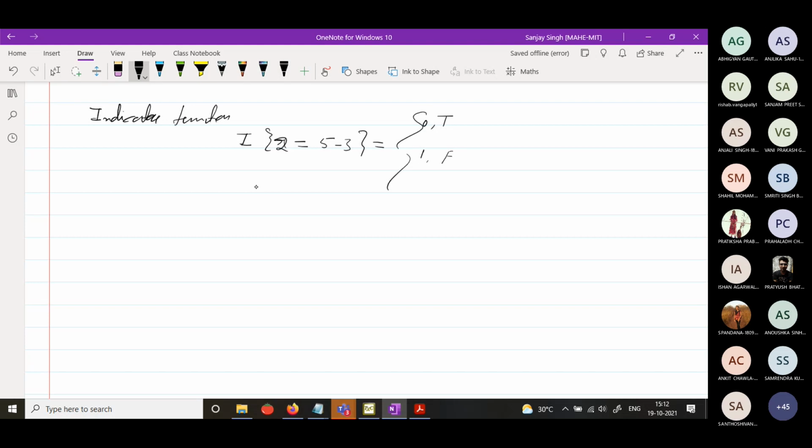So whatever the condition may be, the indicator equals 1 if the condition is true, and 0 if the condition is false.